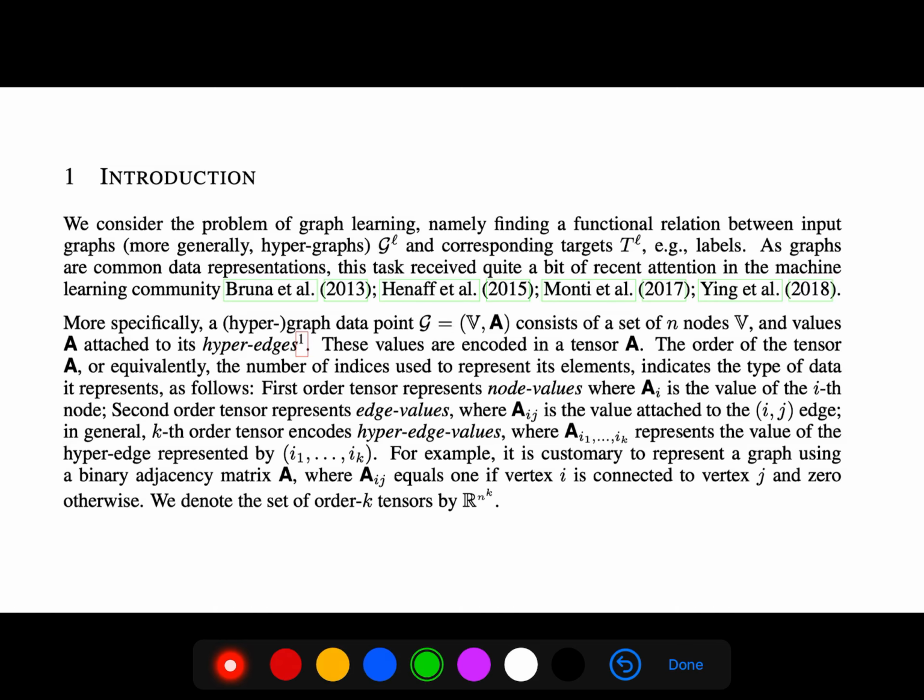So the order of the tensor, the number of indices used to represent its elements, indicates a type of data. First order represents node values, second order represents edge values, and so on.